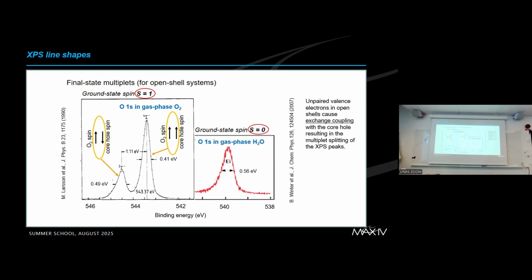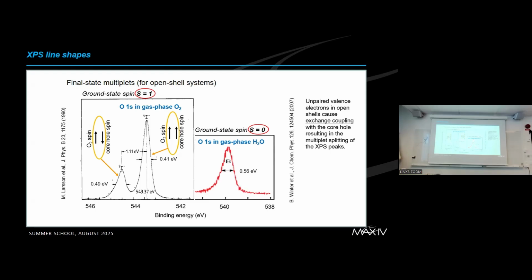No, it will have one peak, because in this case the shell is closed and the ground state spin is zero, so the system has nothing to couple to the core hole spin.